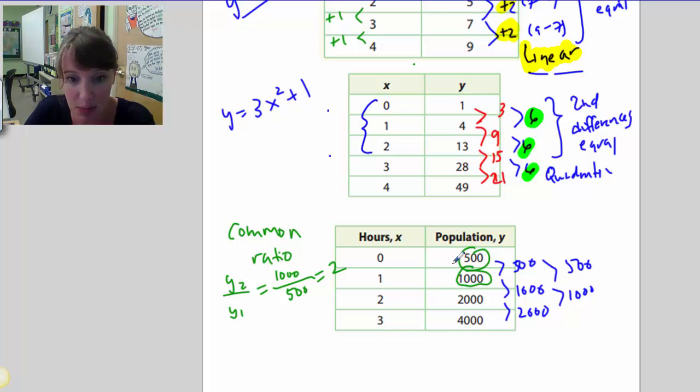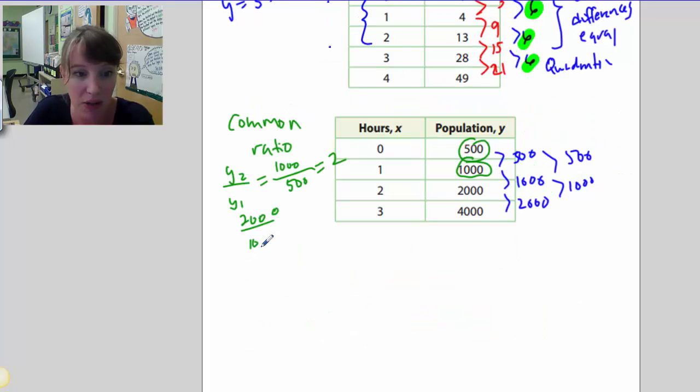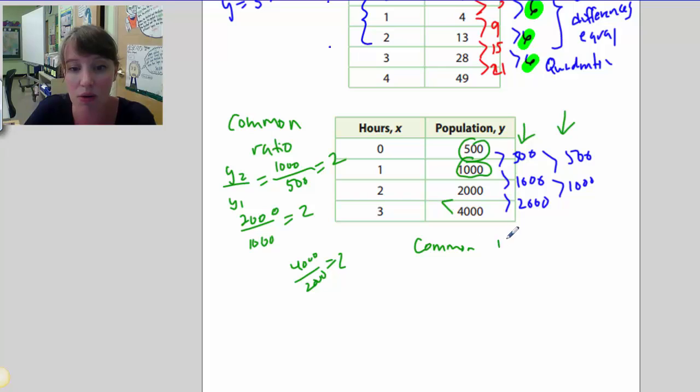Now, is that the same? Well, 2,000 divided by 1,000 is also 2, and 4,000 divided by 2,000 is also 2. So here, the first differences aren't equal, the second differences are not equal, but the common ratio is equal to 2. So you know that it's actually an exponential function.